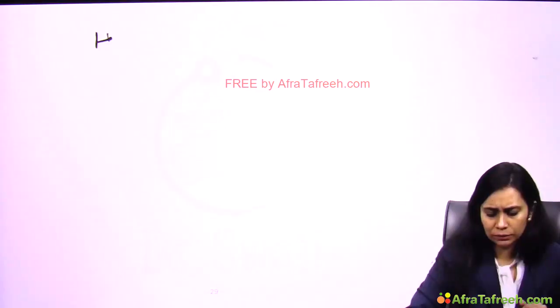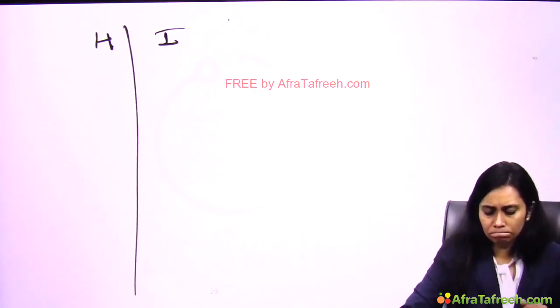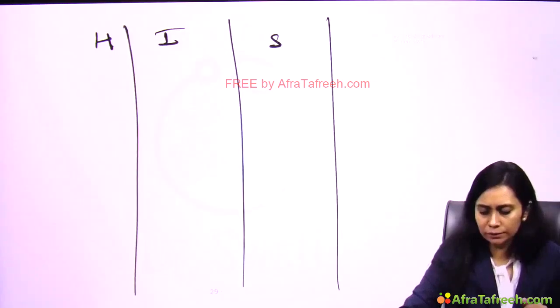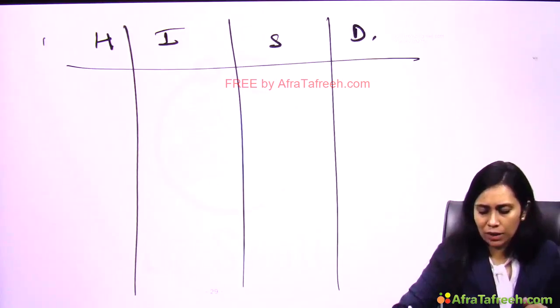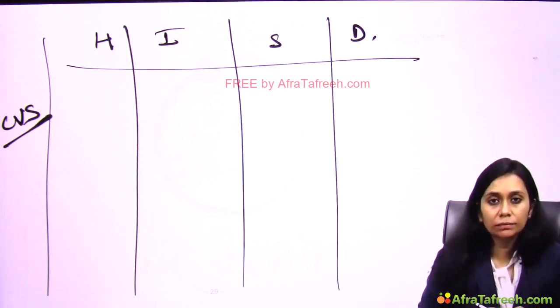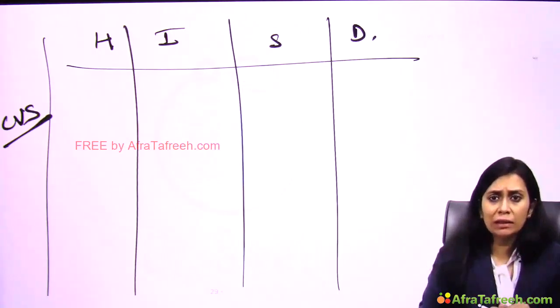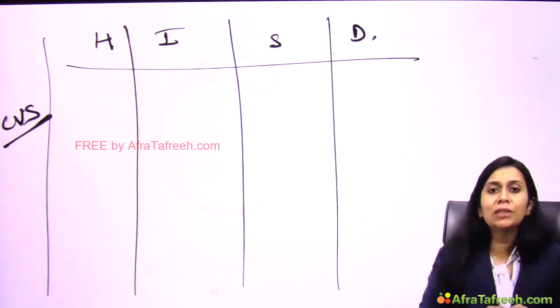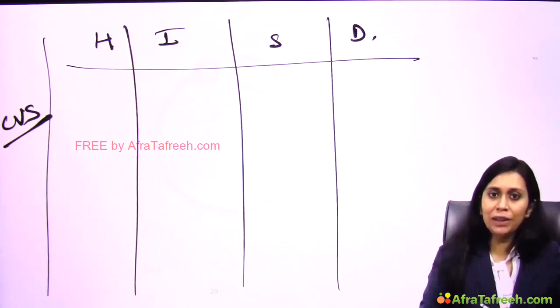Halothane, isoflurane, sevoflurane, desflurane. Okay, cardiovascular system. Guys, very important. When do you say a drug is cardiovascular unstable? We say a drug is cardiovascular unstable when the drug has any effect on the cardiovascular system, excitatory or inhibitory.